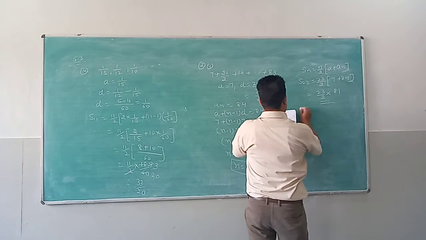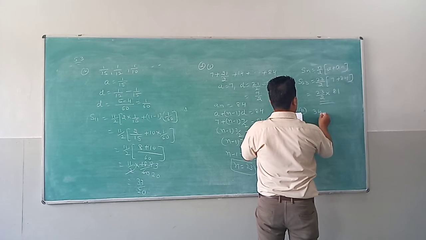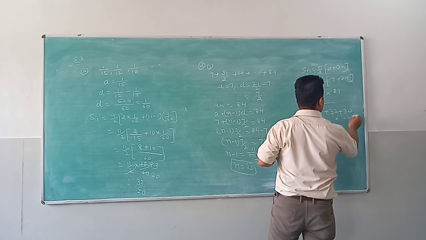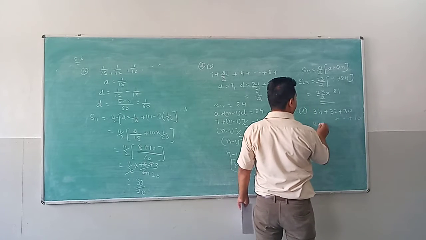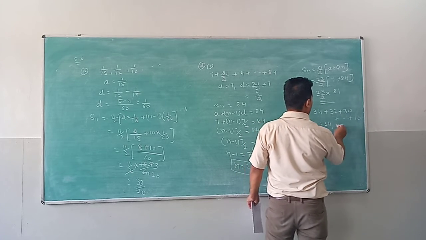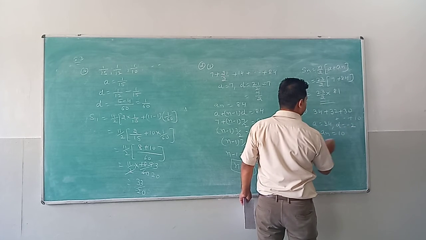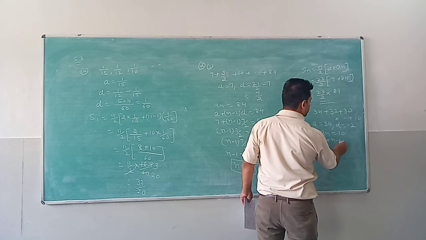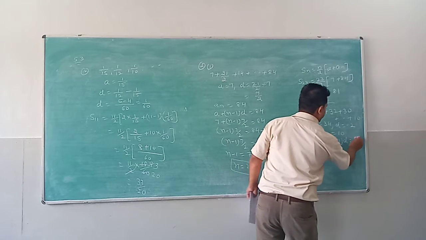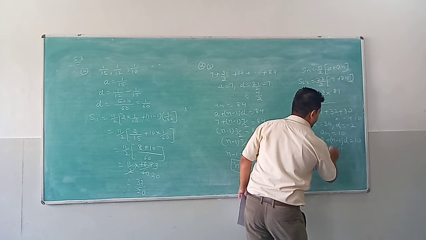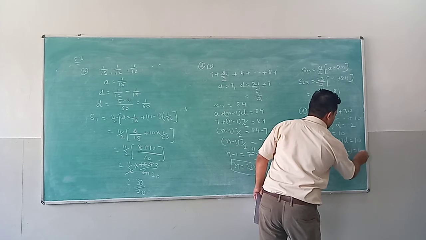In question number 2, the statement is 34 plus 32 plus 30 plus up to 10. In this AP, a is 34, d is minus 2 and an is 10. an is a plus n minus 1 into d, which is 10. a is 34 and d is minus 2, equals 10.